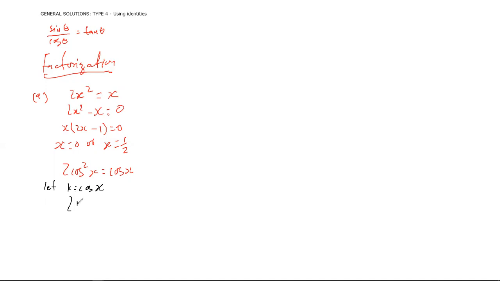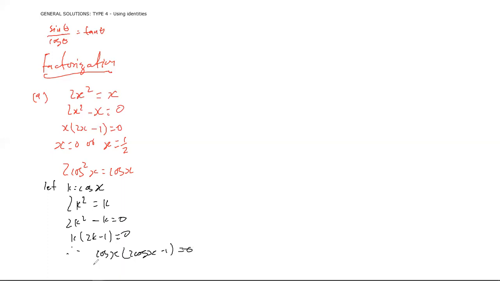Then you have 2k squared equals k, and you can write this in standard form, and you see that it factorizes easily into cos x times (2 cos x minus 1) equals 0.